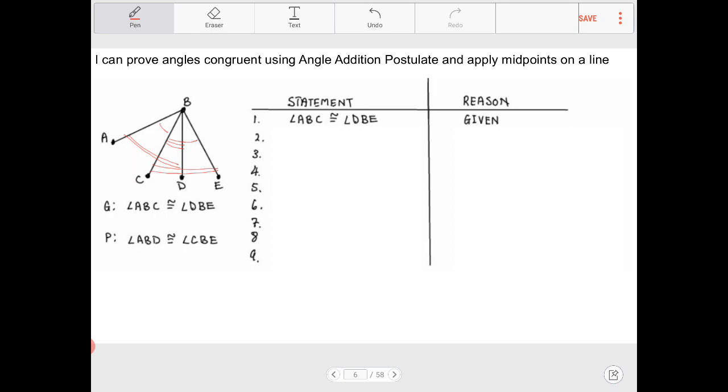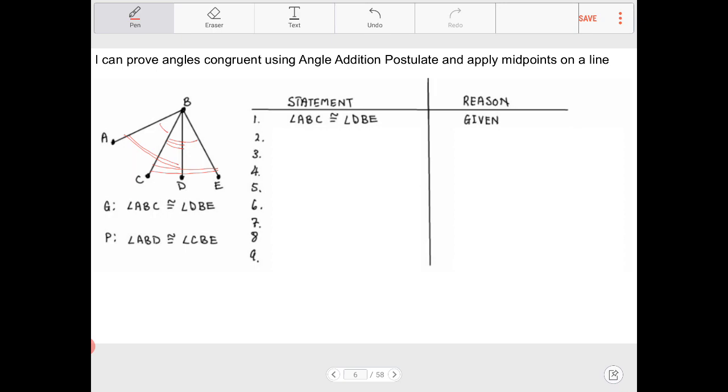If I add that angle to either angle ABC or angle DBE, can you then see why those two angle sums must be the same as ABD and CBE? And therefore, we can conclude that angle ABD and angle CBE are the same. So that's the logic.